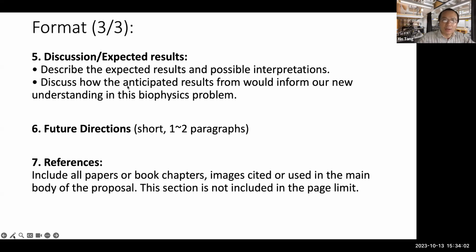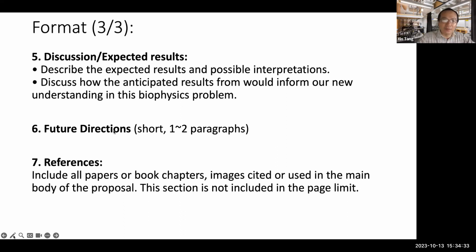And also we need to discuss how those results will inform our new understanding of the biophysical problem you chose in the first place. Because not all the readers are from the same field, they may not understand the problem, so you need to educate people. What kind of new understanding can we achieve from the results you obtain here? So you need to explain that.